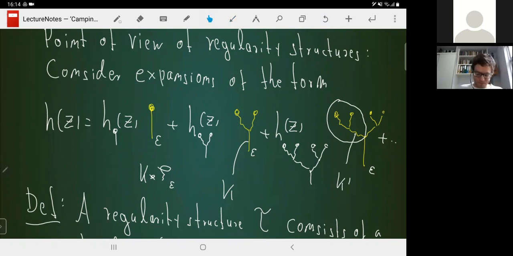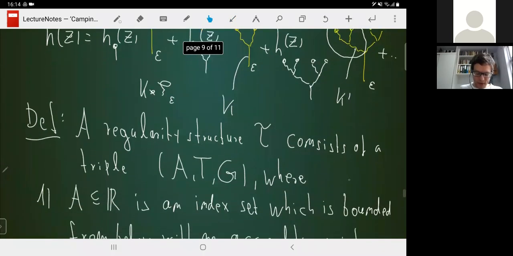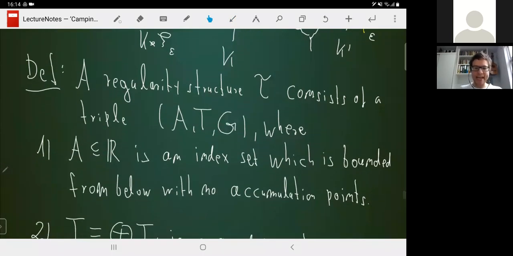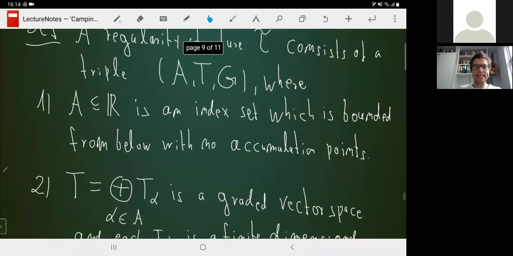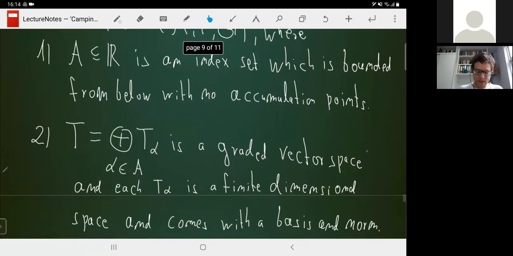Okay. So then we define a regularity structure, which has three elements, A, T, G, where A is an index set, which essentially just lists the orders or the homogeneities, the regularities that can appear. The second thing is T, which is a graded vector space. So it can be written as a direct sum of these T alphas, where each T alpha is a finite dimensional vector space.